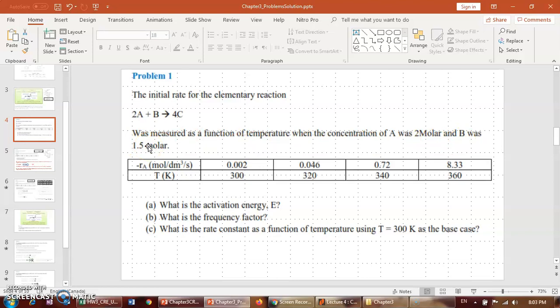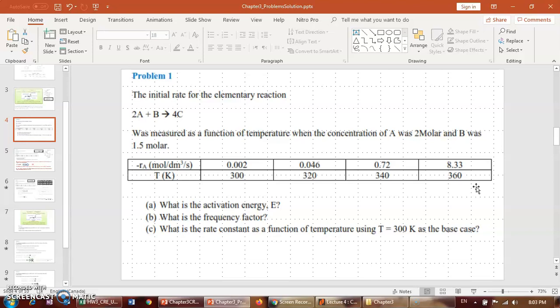That is the initial concentration of A and B in the reaction, and we just measure the rate, and we can find the value of k from the rate expression. We also know that with the increase of temperature, reaction rate will increase. We can see that at 300 we have 0.002, whereas at 360 we have 8.3. It's a huge jump in reaction rate.